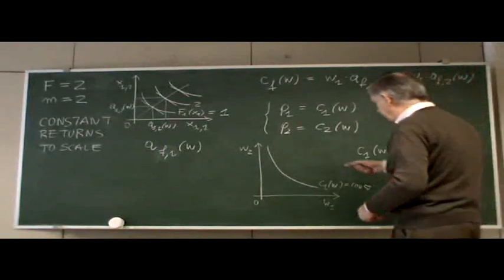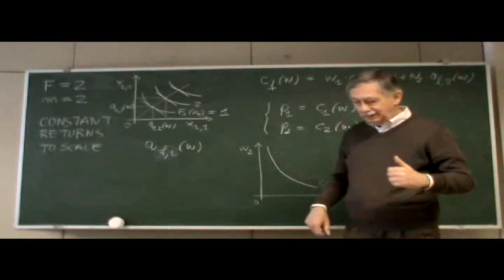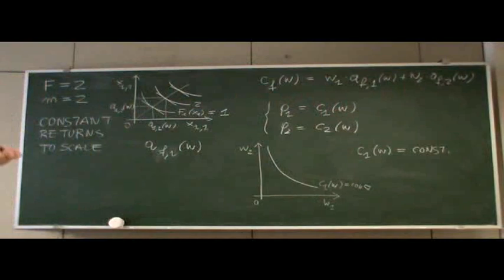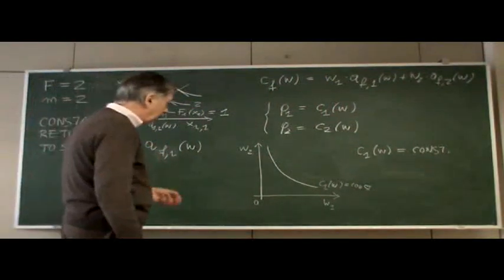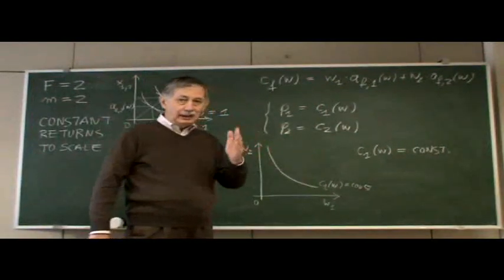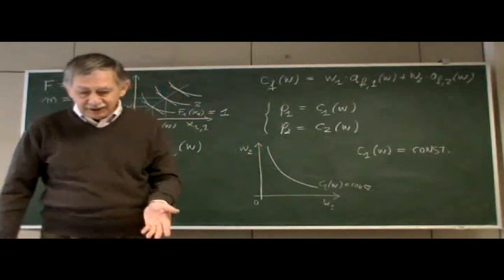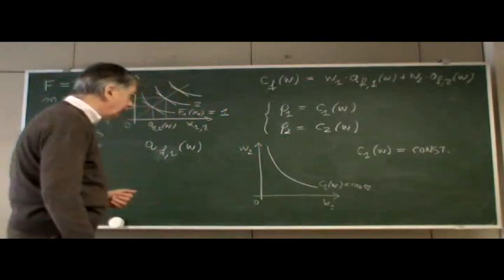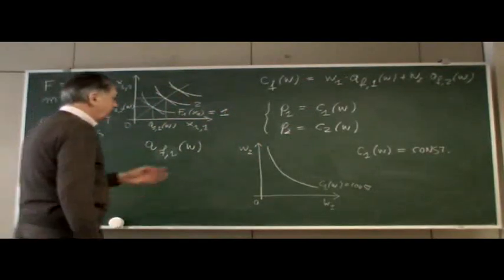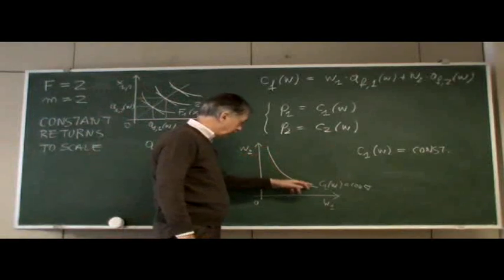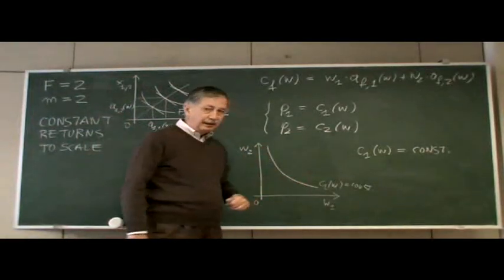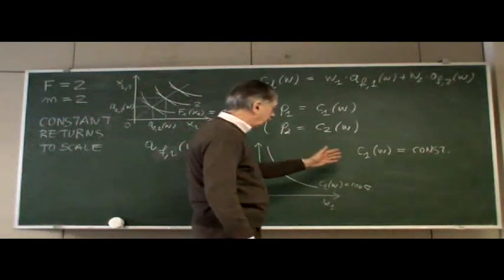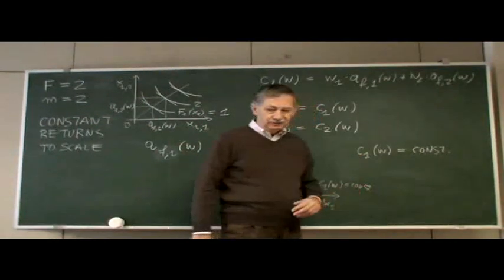In other terms, this curve is the locus of all the factor price vectors which guarantee to our firm the same level of cost. Is it clear? It is decreasing. It is also quasi-concave. It is possible to prove this result by means of properties of a cost function.